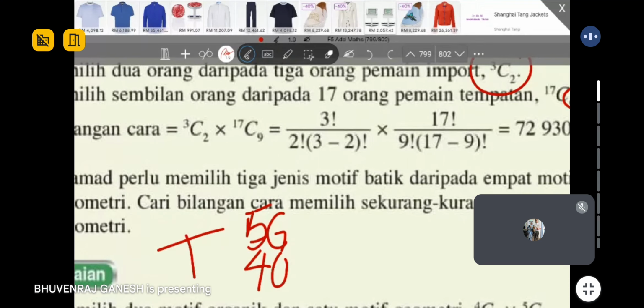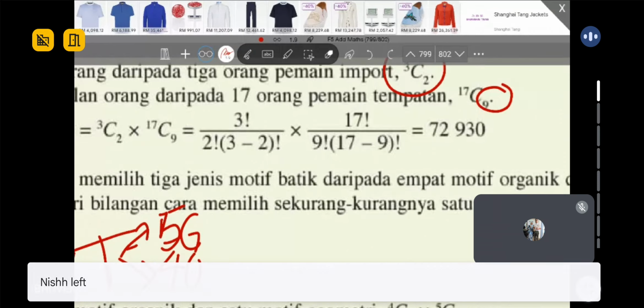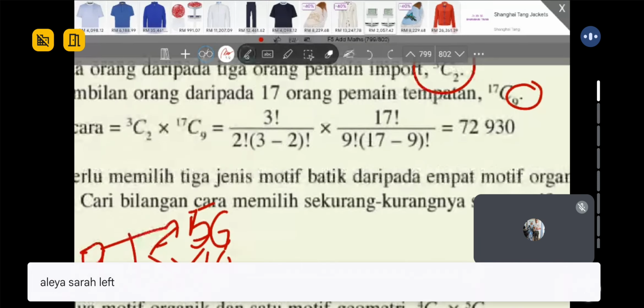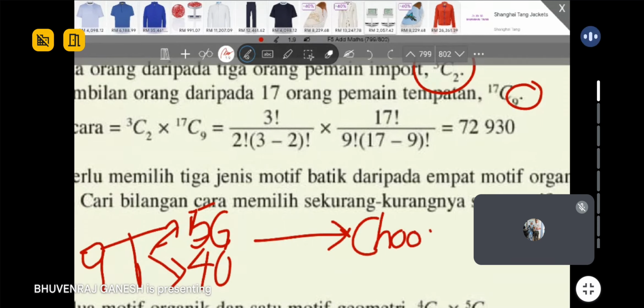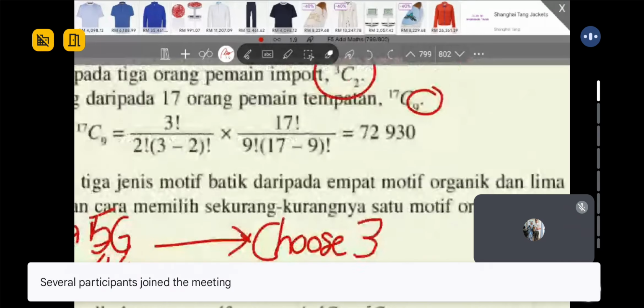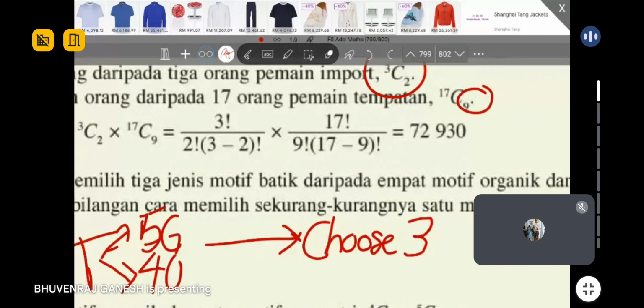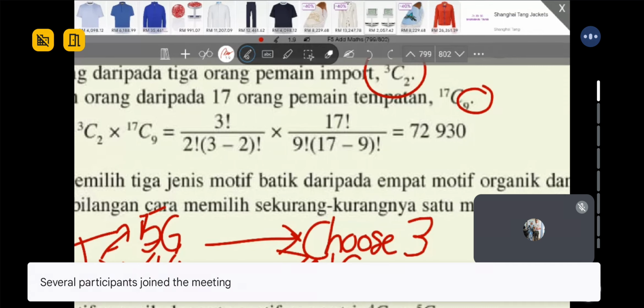And then I divide into these two. So the question is, you have to choose 3 batik total. Kamu pilih 3. And the question is, at least one must be organic and at least one must be geometry. Kamu kena ada sekurang-kurangnya 1G dan 1O.